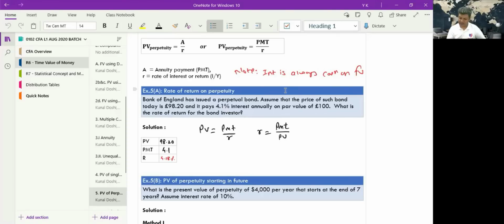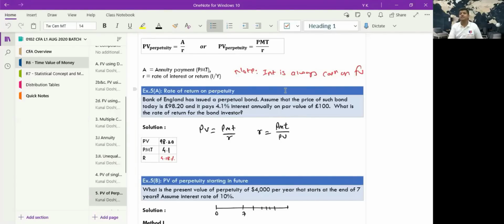In the next one, they have told me what is the present value of a perpetuity of 4,000 per year that starts at the end of 7th year. So it doesn't start immediately. It starts at the end of 7th year. Till what year?